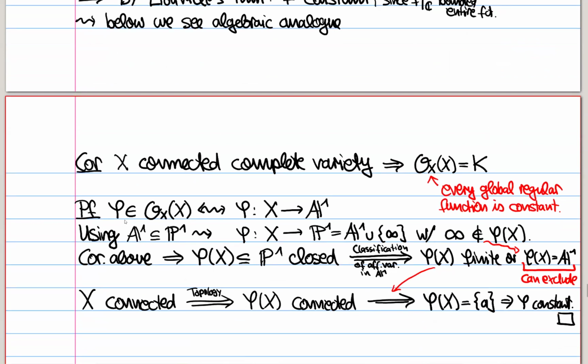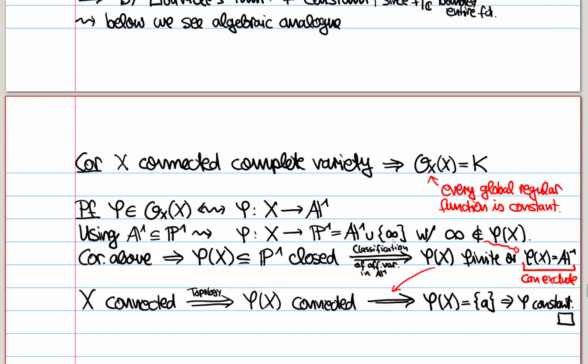So let's say phi is a regular function on all of X. Then we have seen this just means that phi from X to A1 gives a morphism. Regular functions are the same things as morphisms. But this A1, of course, sits inside P1, right? So we can equally see this phi as a map to P1, which happens to land in this open set A1.